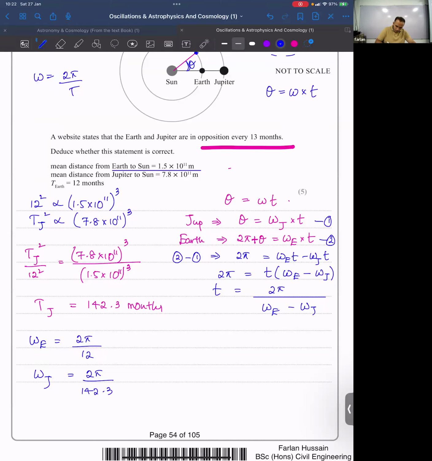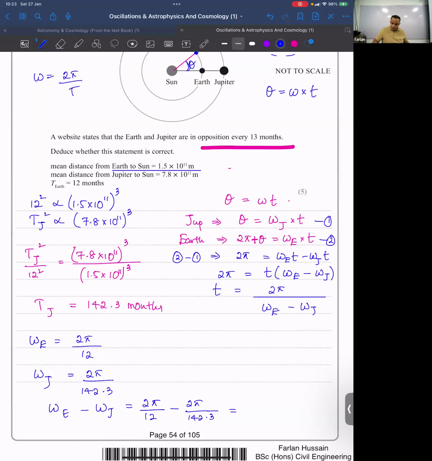So omega E minus omega J will be 2 pi over 12 minus 2 pi over 142.3. Correct? So 2 pi over 12 minus 2 pi over 142.3 is 0.4794.